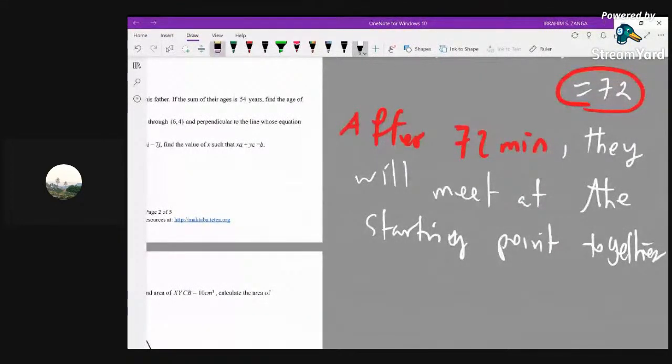You can put together here. They will meet together at the starting point. So this is the solution for question number 1A.